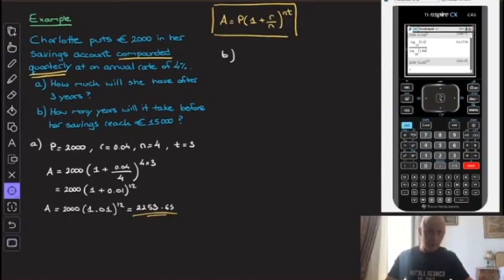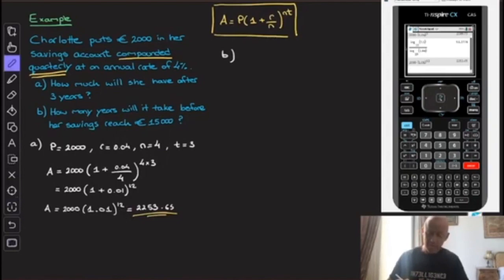Now, like I said in the previous example, we could, of course, plug everything in and do all the algebra again, but the reality is it's more or less going to be identical. Everything inside these parentheses will be identical, no doubt about it, because there's no T in there. The only difference will be the exponent, and instead of being 12, the exponent is going to be N times T. Since N is 4, the exponent will be 4T.